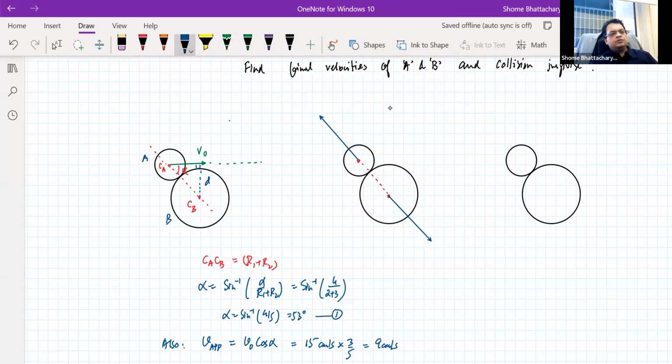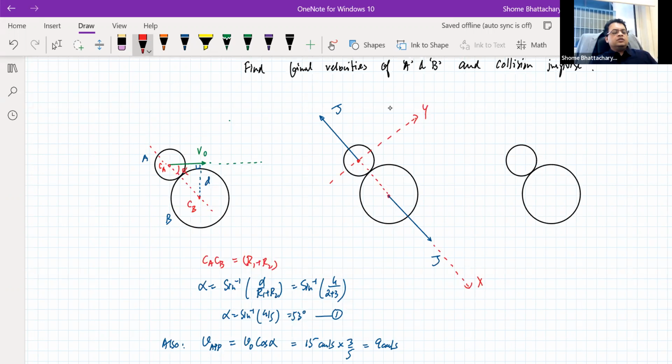Just in terms of magnitude, they are equal, so I'll write them as J each. But more importantly, I will define this as my system of axes, which will make life very convenient. We'll see why. I take this as my y-axis, this as my x-axis.